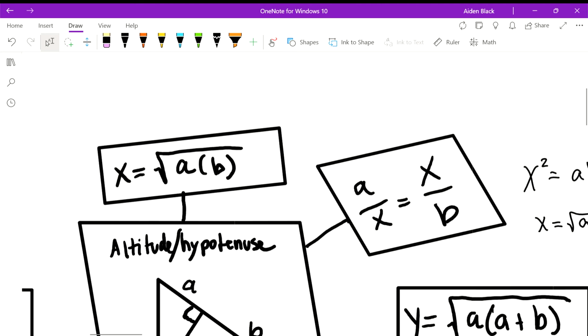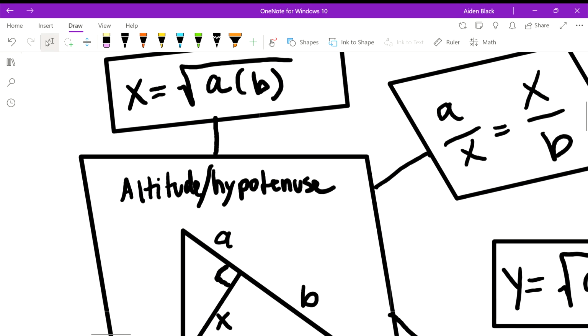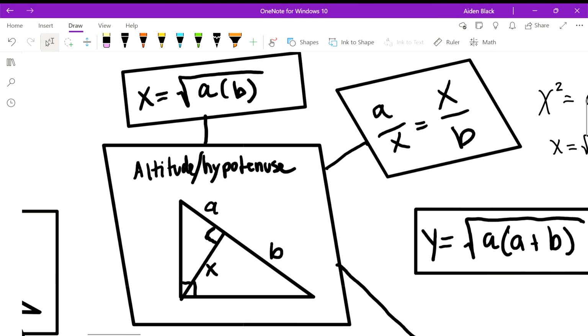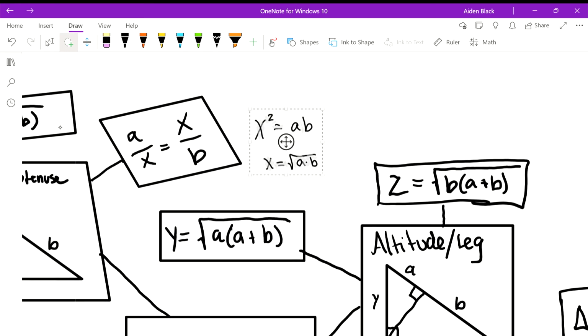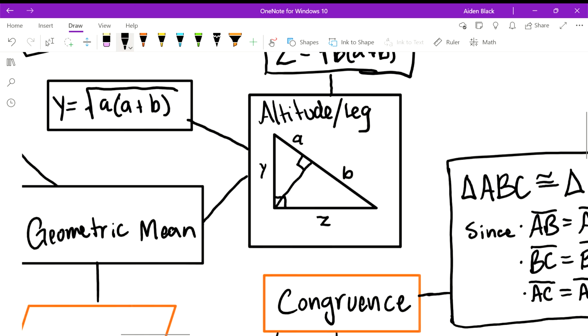I put that shortcut. You know that x is equal to the square root of a times b. So that's altitude hypotenuse.